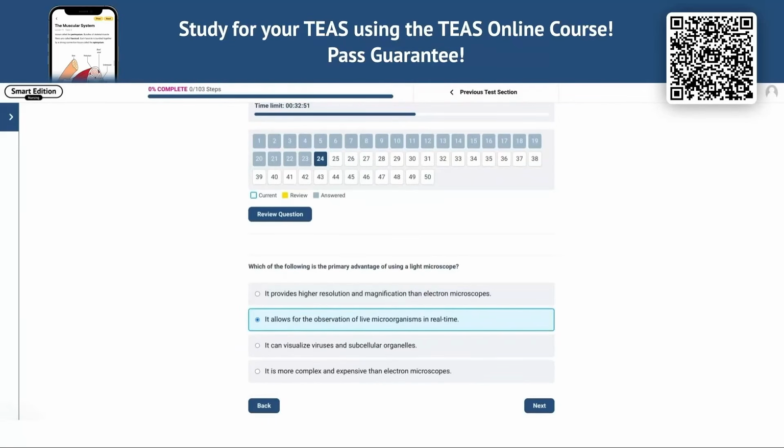Now, don't say I didn't tell you that you would have questions on microscopes. So you definitely want to make sure that you know light microscopes as well as electron microscopes. So the primary advantage of a light microscope is that it is easier to use, it's more affordable, and it allows for the observation of live specimens.